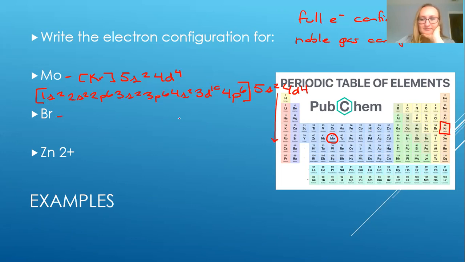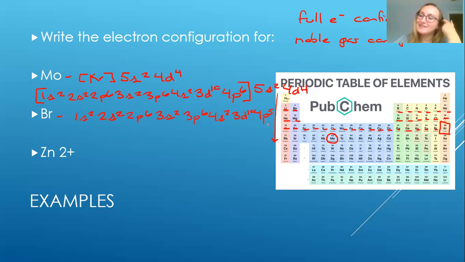Bromine. Bromine's not that far down, I'll write it out. So I have my 1s2, 2s2, 2p6, 3s2, 3p6, 4s2, 3d10, 4p5.